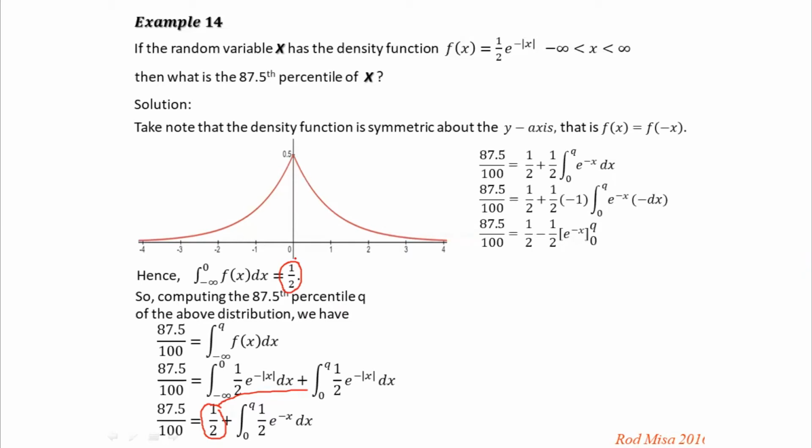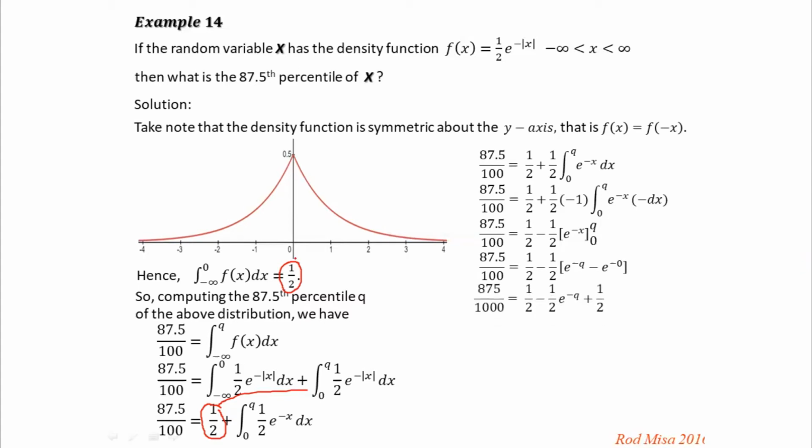So substituting our limits of integration using the fundamental theorem of calculus, we have 1/2 minus 1/2 of the quantity of e to the power negative q minus e to the power -0, but -0 is just 0.